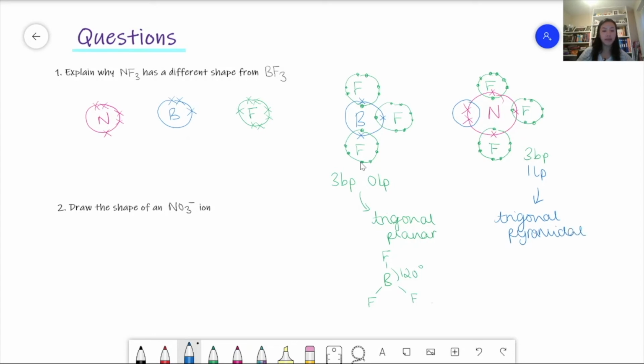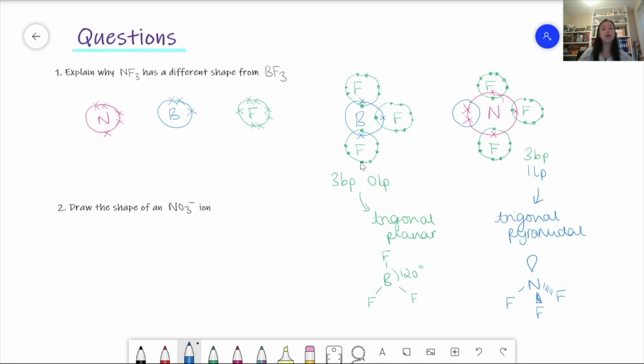So this looks like this. So it's got nitrogen in the middle, and then the fluorines, and this is a 3D one. So that's when we draw these symbols. And then we have the 1 lone pair here.